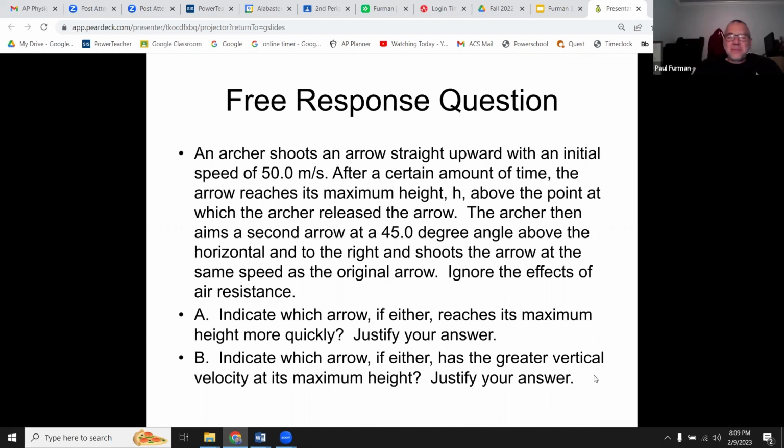Okay, as you mentioned that, there's one last thought that is not mentioned in the deck, but it bears mentioning. The slope of a position time graph gives you velocity. The slope of a velocity time graph gives you acceleration. The slope of an acceleration time graph gives you nothing that you care about. So sometimes the slope means something, sometimes it doesn't.